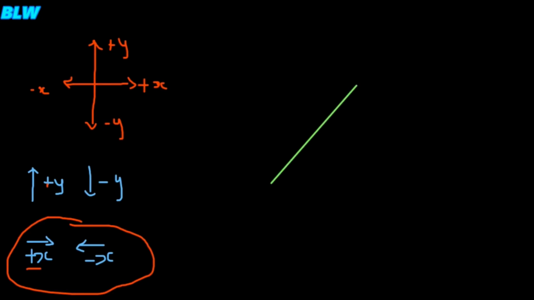So now let's take a typical example. I have a force here, and this is the x component, this is the actual force, and this is the y component of the force. Let's say I have an angle here of 30 degrees, and the main force F is 100 Newton.